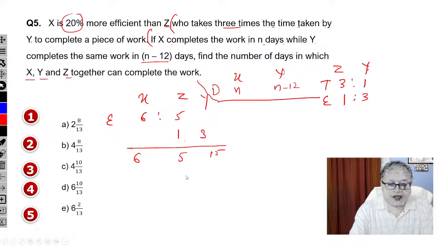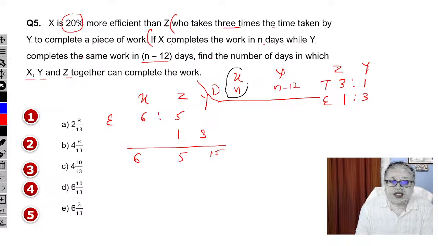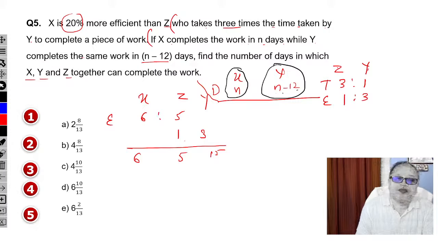So once I get the efficiency, what is the work? What is the difference over here? X completes in n days and Y completes in n minus 12 days.